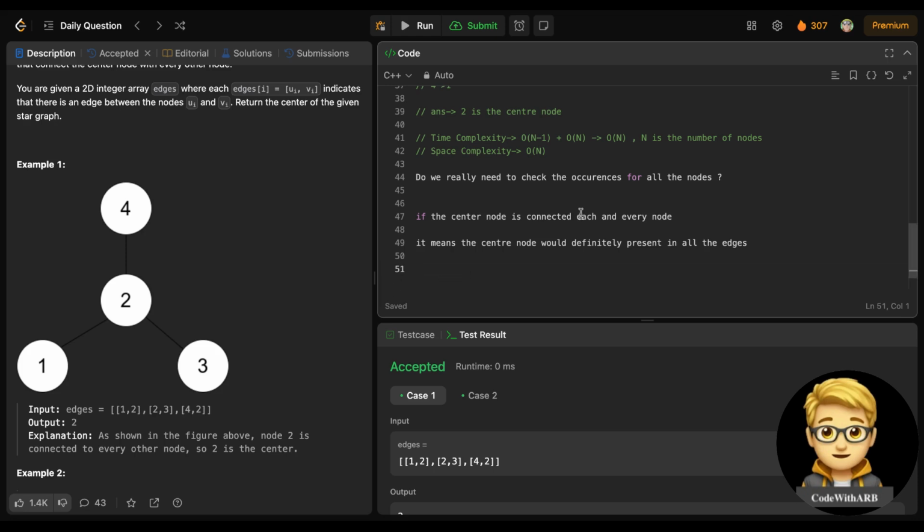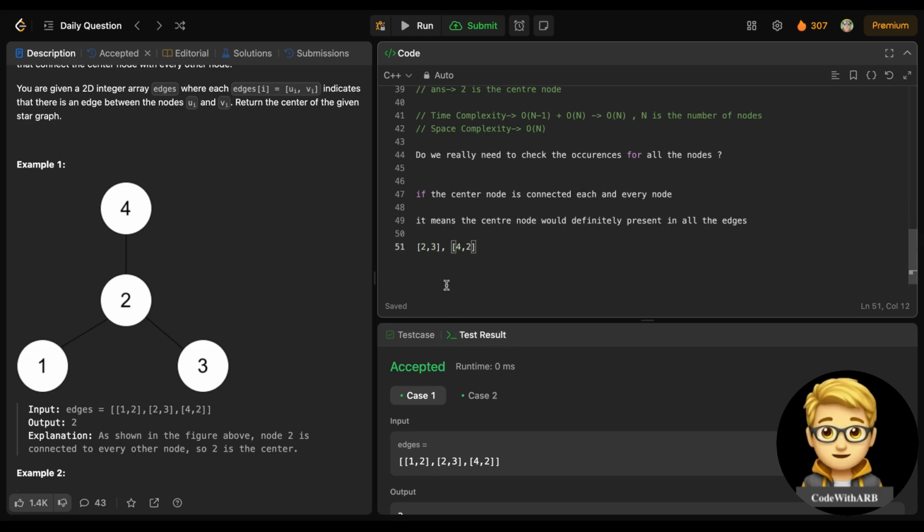Let's suppose I take 2 3, and I take 4 2, right? If you see here, both 2 3 and 4 2 have 2 present in their vertices.